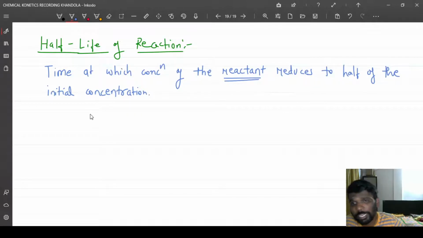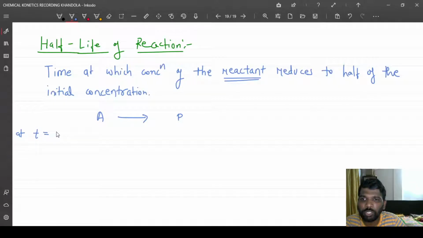Let's say there is one reactant A changing to product P, and its concentration at time t equal to 0, meaning the reaction has just started. I am marking the initial concentration of the reactant A to be, let's take 4 moles per liter.